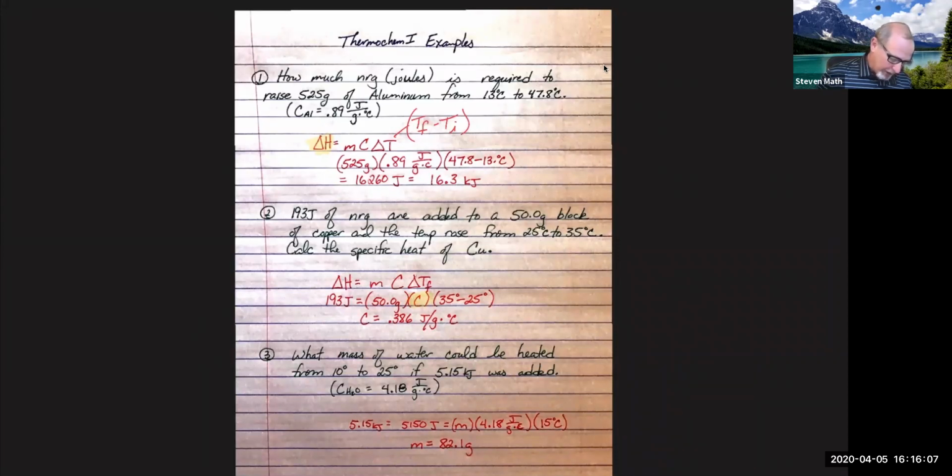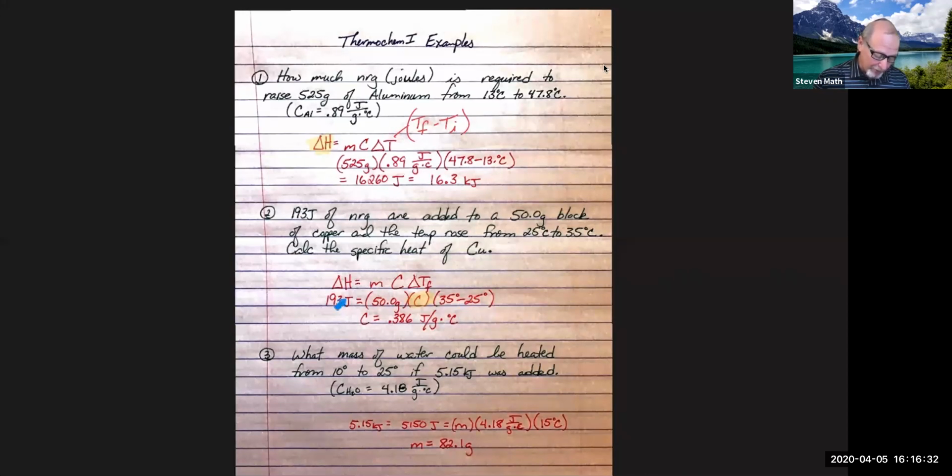We've got 193 joules of energy, that's H, equal to the mass, 50 grams, times the specific heat, which is what we're solving for, times the temperature change. The temperature went from 25 to 35, so my delta T is 35, final minus initial.